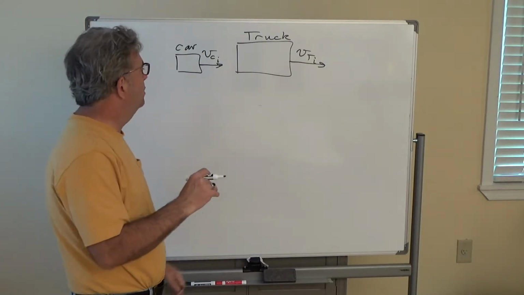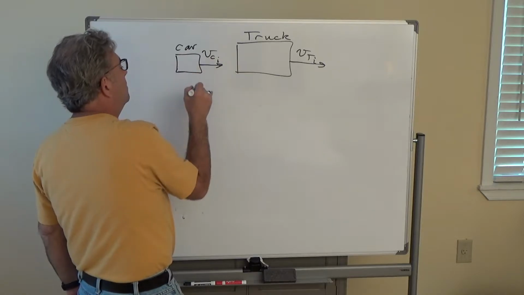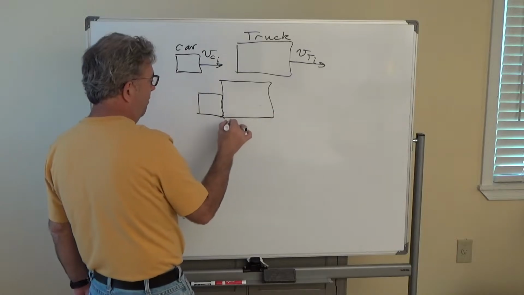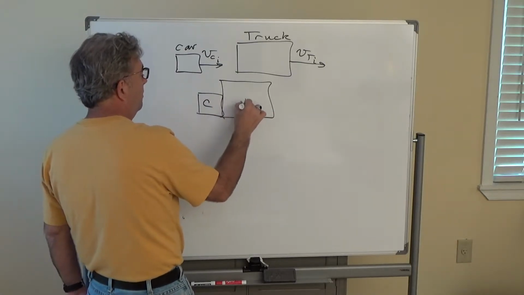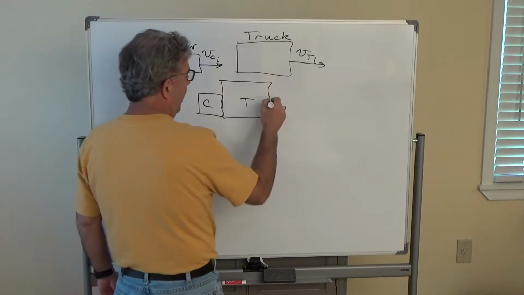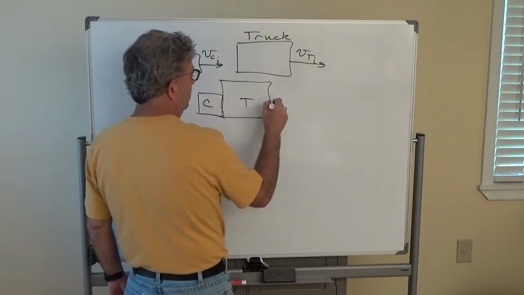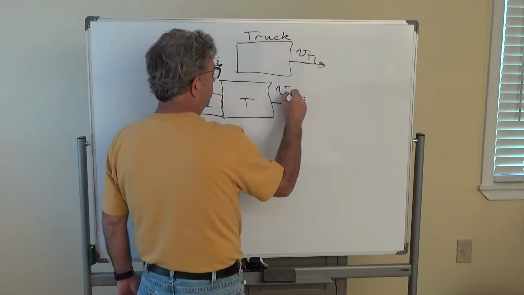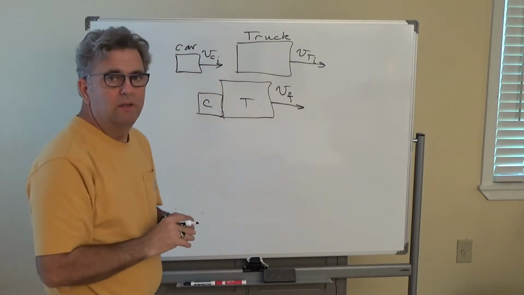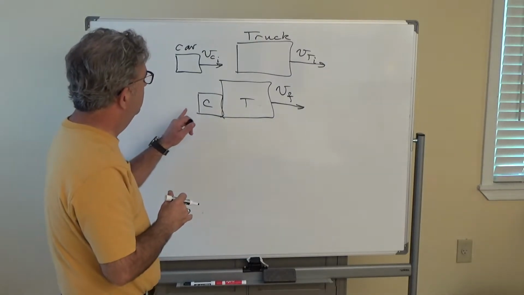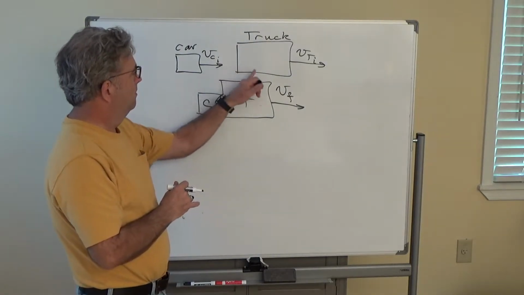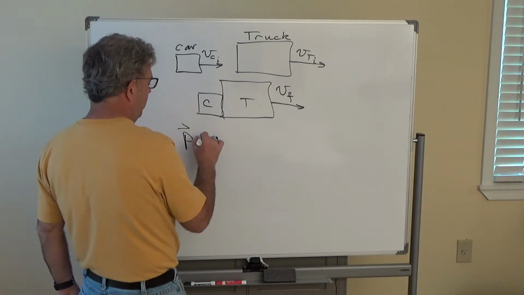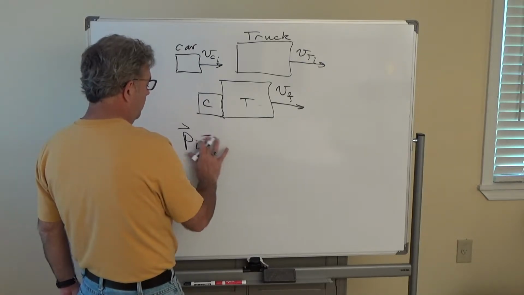Then after the crash, the car and the truck are connected together. So here's the car, here's the truck, and I think they give you the final velocity of the car, but that's going to be the car-truck system. So V final. This is an inelastic collision, or perfectly inelastic.